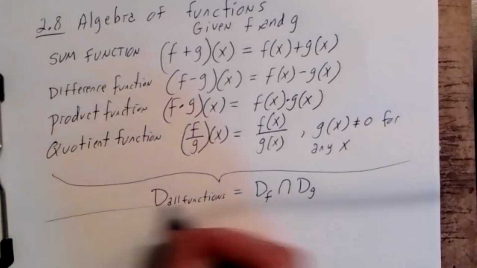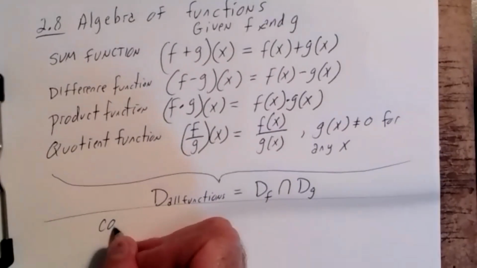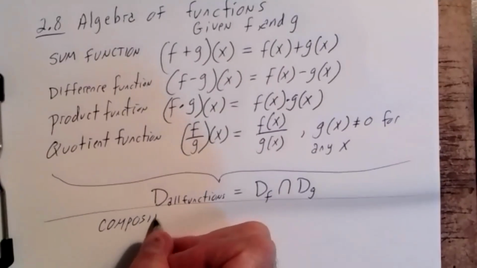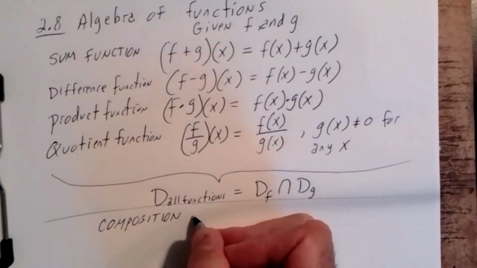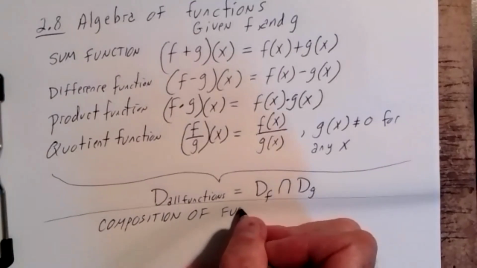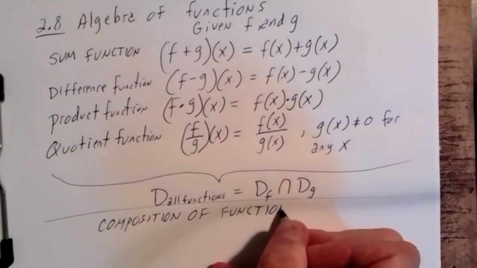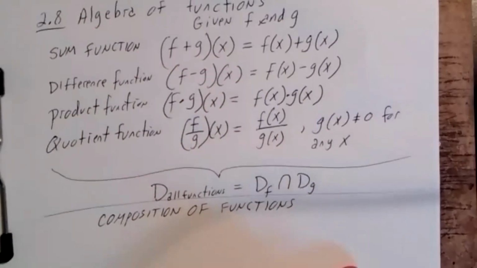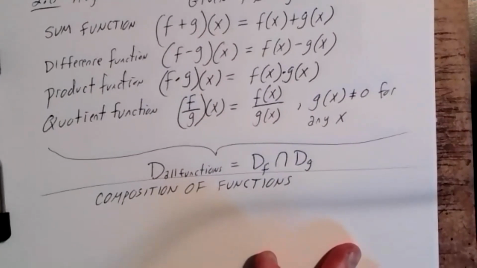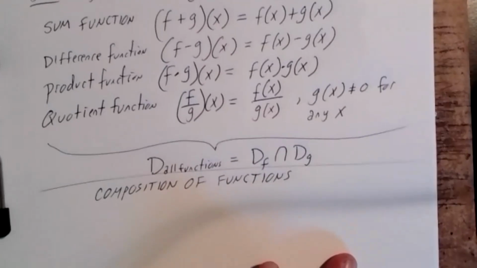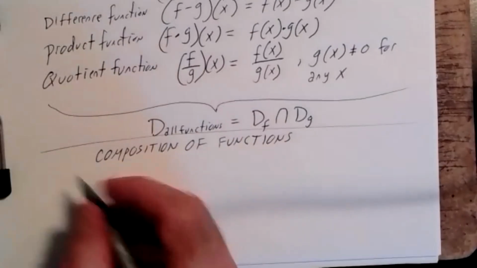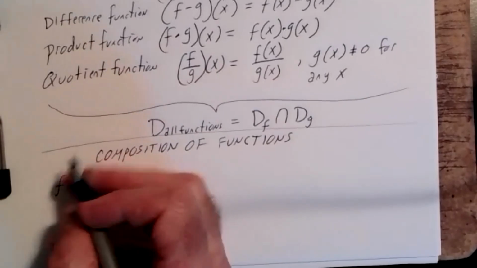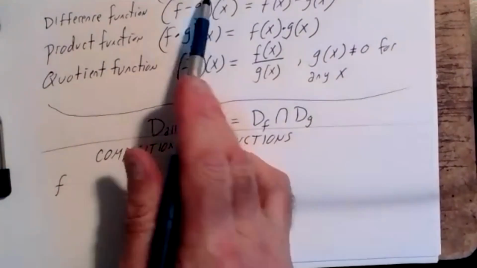Now, there is another operator called the composition operator that allows us to form what's called the composition of functions. And the composition of functions is a little bit different than all these other operators up here, which are very intuitive.